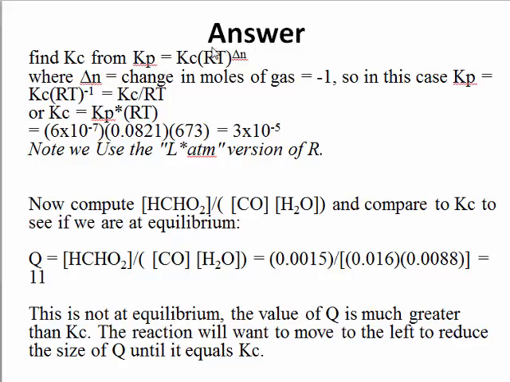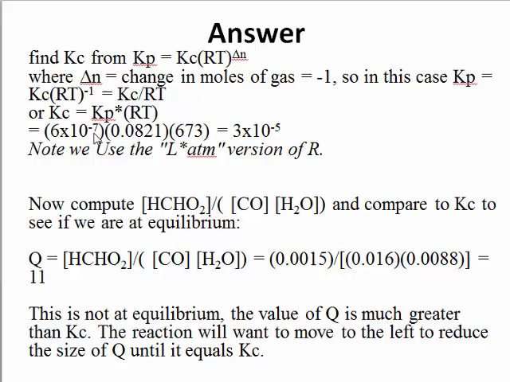Kp is Kc times RT to the delta n, where delta n is the change in moles of gas according to the balanced equation: 2 on the left, 1 on the right, so the change in moles in the reaction is negative 1. So Kp in this case is Kc times RT to the negative 1, or Kc over RT. So Kc is Kp times RT.